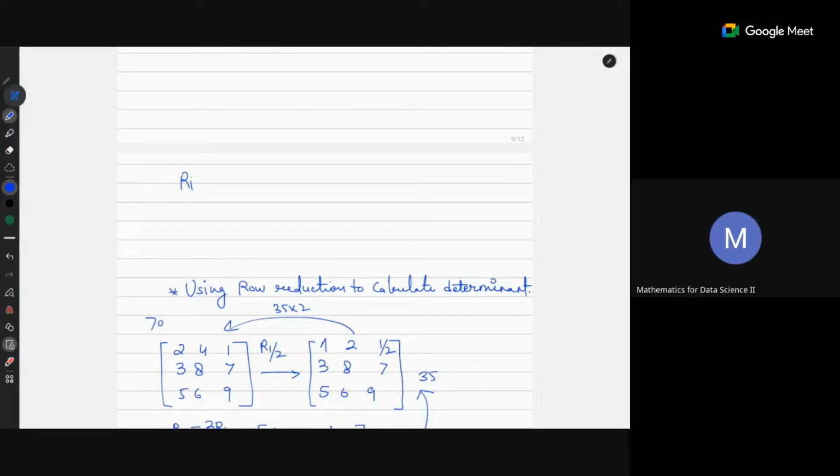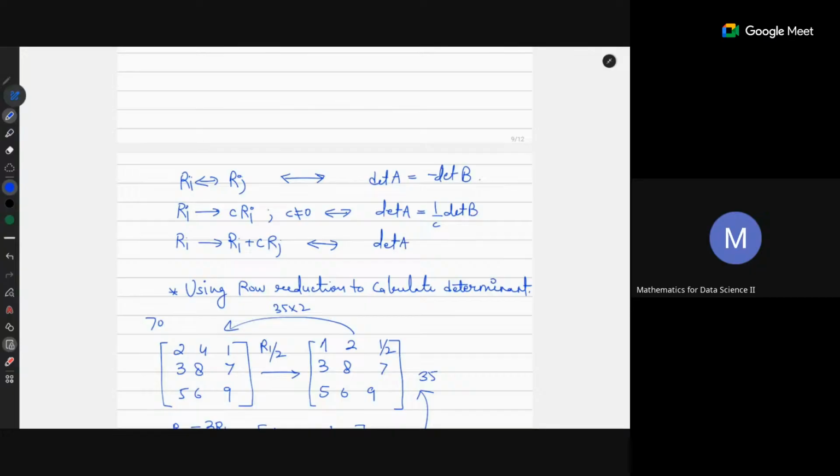If your operation is an interchange, Ri changes to Rj, the effect on the determinant is that determinant of A is equal to minus determinant of B. If you multiply by a scalar c that is not equal to 0, then the determinant of A will be 1 over c times determinant of B. And if you perform a row operation where you add something like this, the determinant remains as it is.